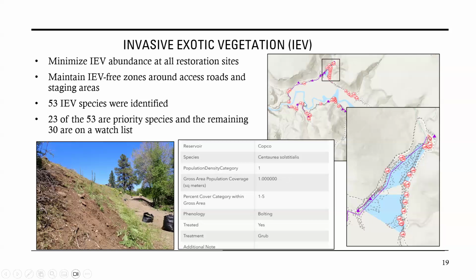And these are just the points that they collected in Kopko. And then we have the live tracking for this too, so that they know what areas they have already searched for these invasive species, so that we make sure that we are checking for invasives everywhere we can.